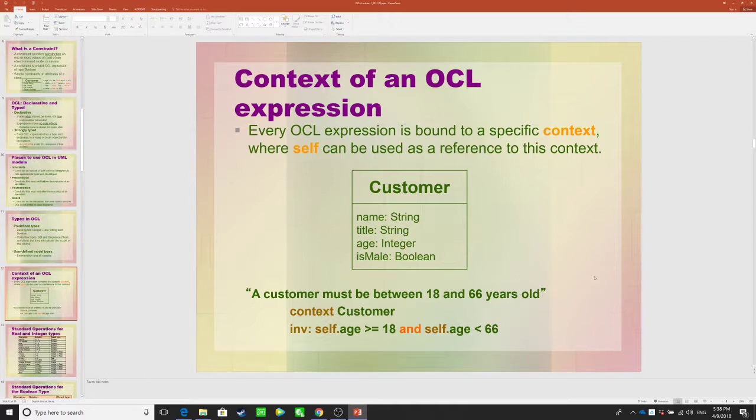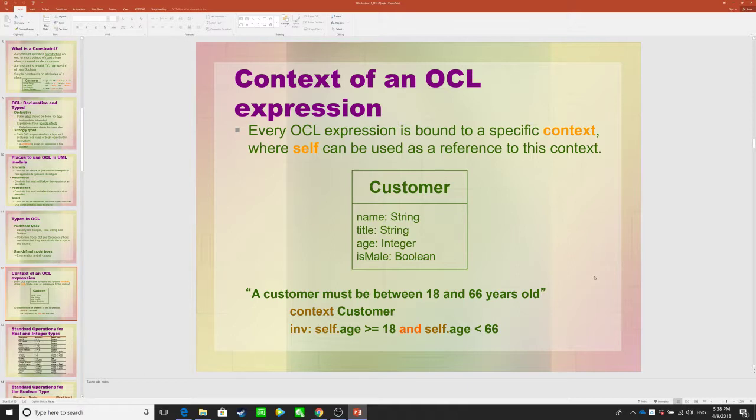And then the invariant here is, if you still remember what an invariant is, just those constraints we have to hold for this class, right? Self.age greater or equal to 18 and self.age less than 66.